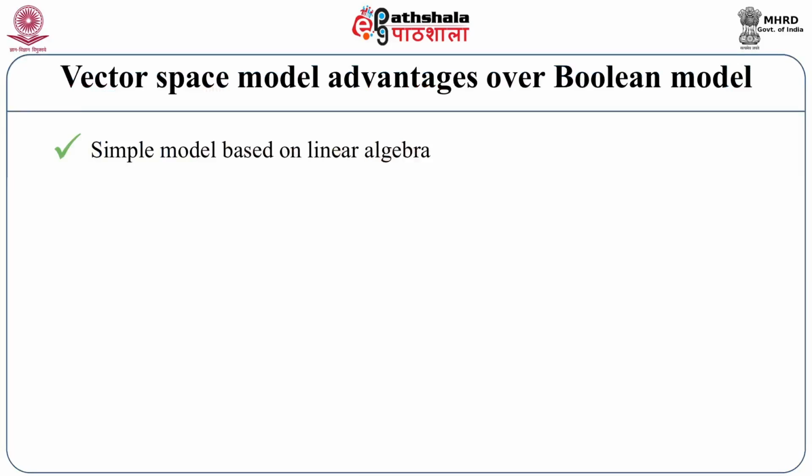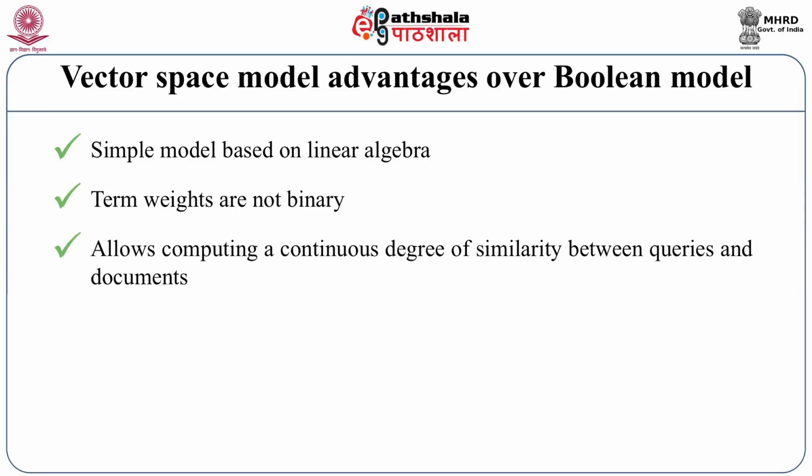Now I will explain the advantages and disadvantages of the vector space model. The advantage of the vector space model is that it is very simple, based on linear algebra. Term weights are not binary. It allows computing a continuous degree of similarity between queries and documents.